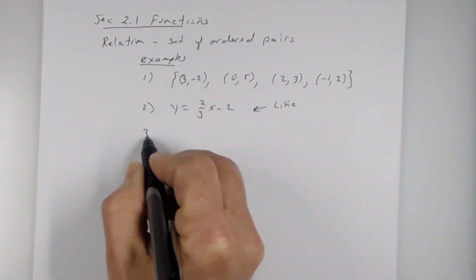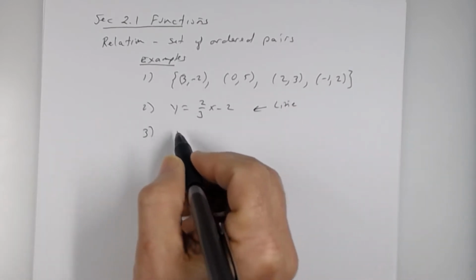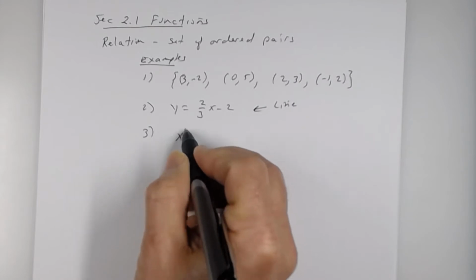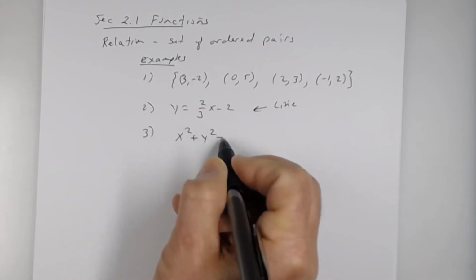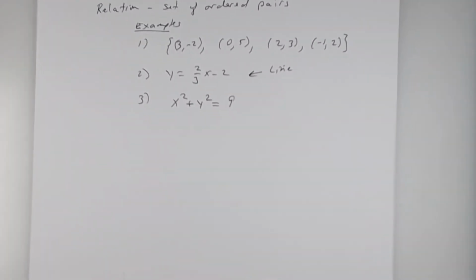All right, here's another relation that we've talked about in here. That's a relation. It's an equation. I can represent that as a set of ordered pairs. At this point, I'm hoping you know what the graph of this looks like. What is the graph of this? Parabola? No, it's a circle. You have an x squared and a y squared.